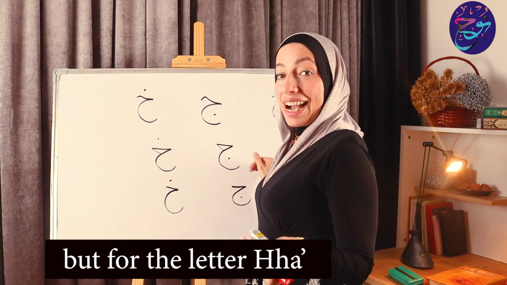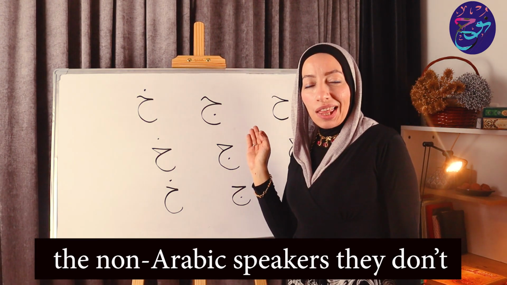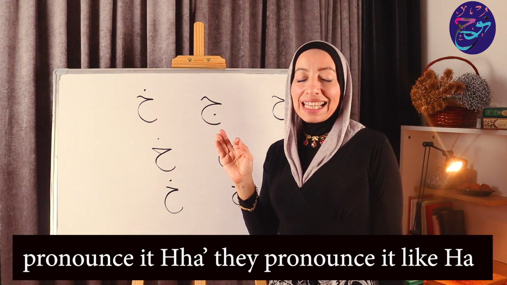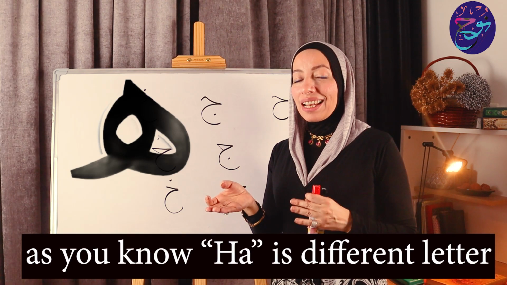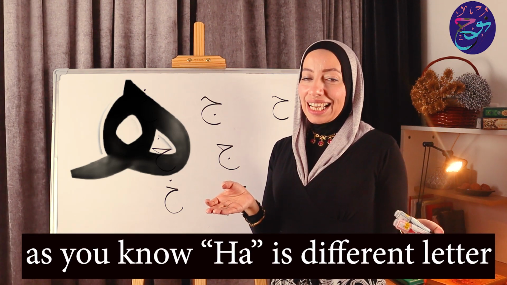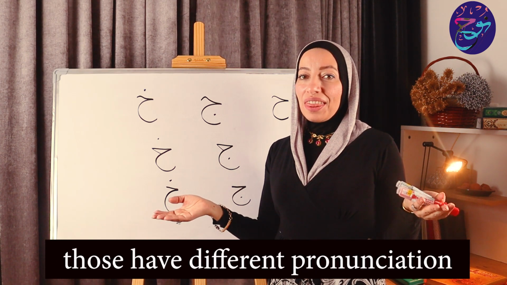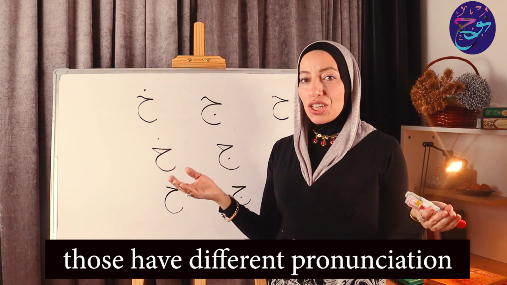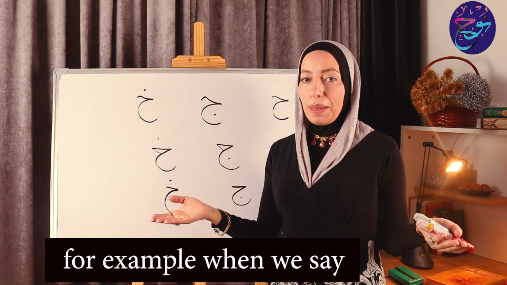But for the letter Ha, for example, non-Arabic speakers don't say Ha, they pronounce it like Ha. And as you know, Ha is a different letter than Ha. And those have different pronunciation. There is a difference between them.